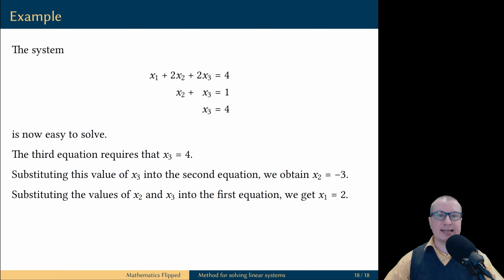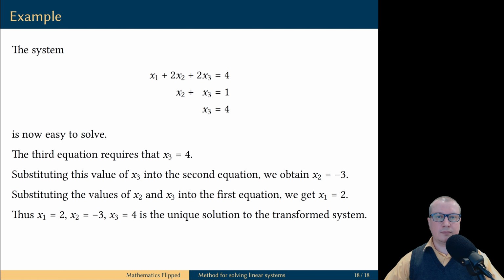Equation number 3 says that x3 must be equal to 4. Then we can substitute this value of x3 into equation number 2, and it tells us that x2 must be equal to -3. Now that we know values of both x2 and x3, we can substitute these values into equation number 1 and find that x1 must be equal to 2.